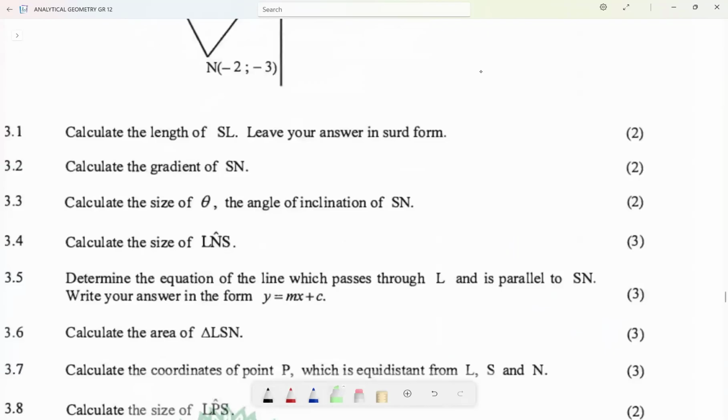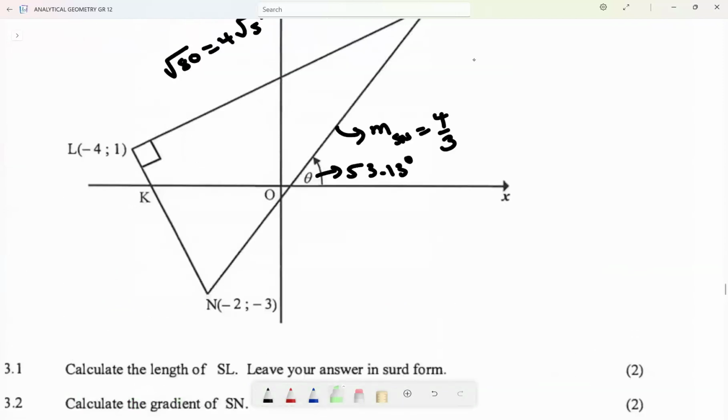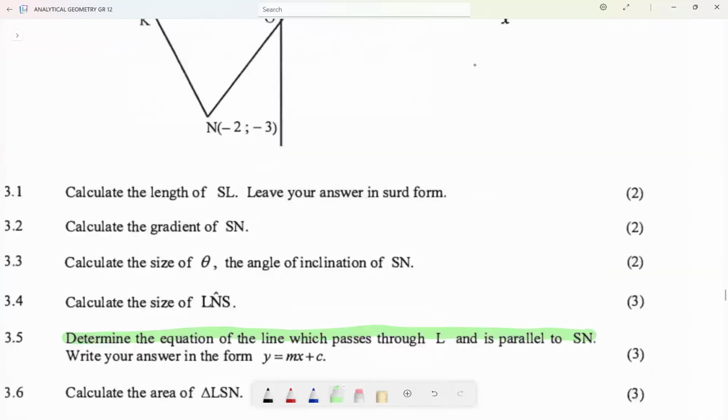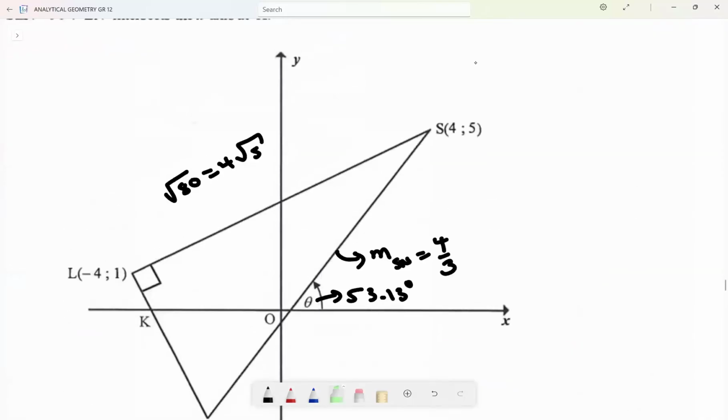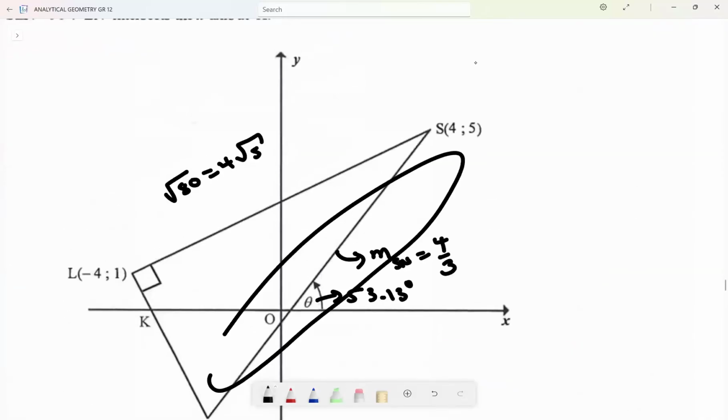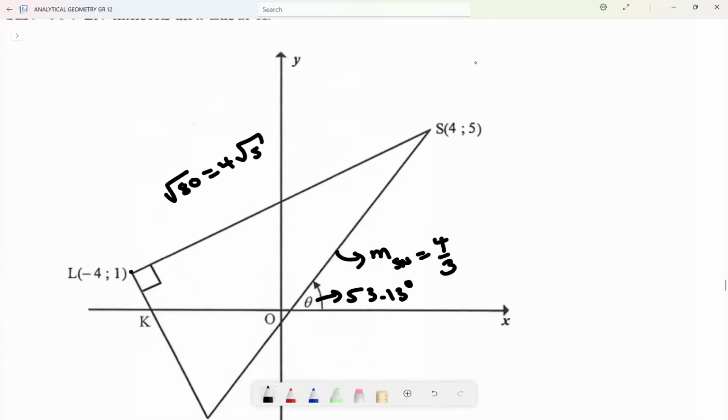Determine the equation of the line passing through L and parallel to SN. It is passing through L and it is parallel to SN.